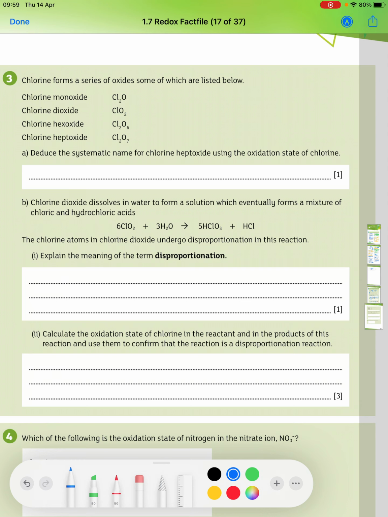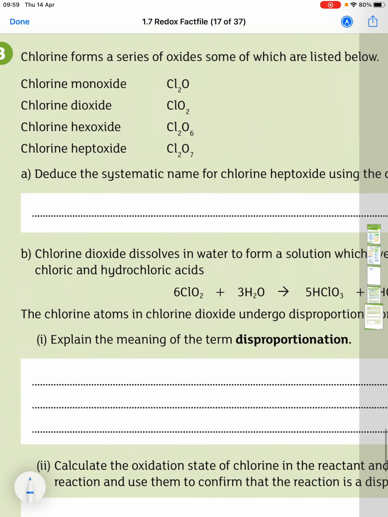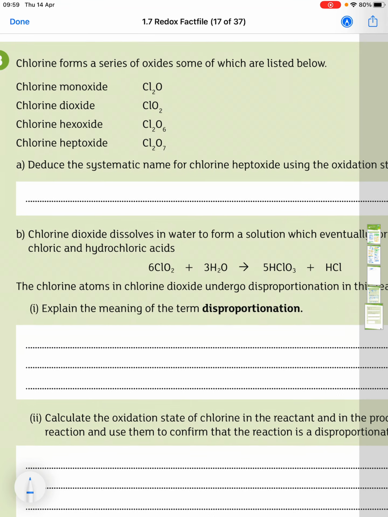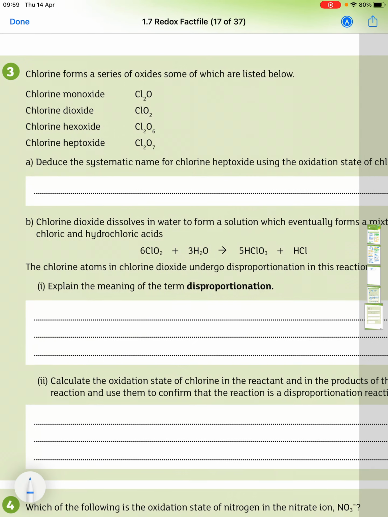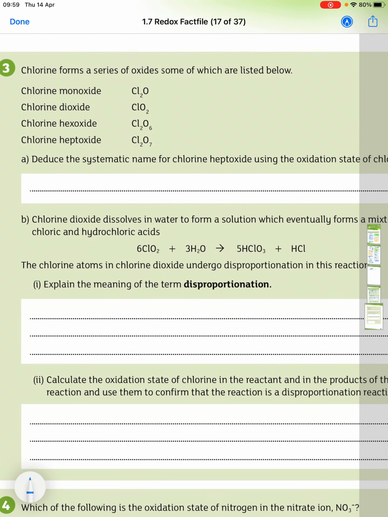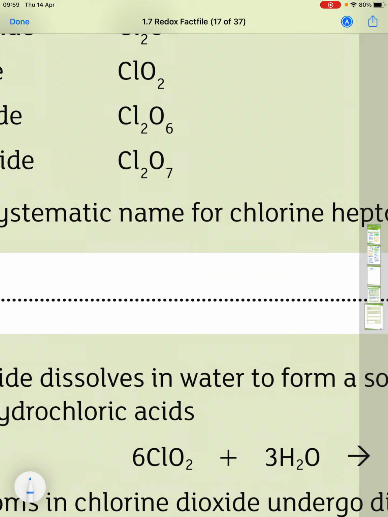Number 3. Chlorine forms a series of oxides, some of which are listed below. We've got chlorine monoxide, chlorine dioxide, chlorine hexoxide, and chlorine heptoxide. So you haven't seen these before really, and it's one of these questions where you're expected just to use your knowledge rather than knowing the answer straight away. So deduce the systematic name for chlorine heptoxide using the oxidation state of chlorine.